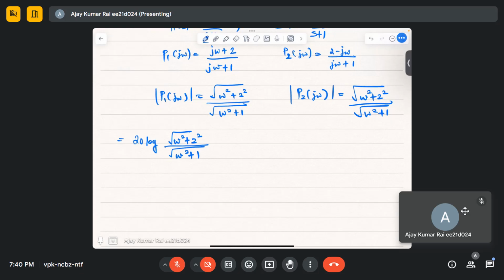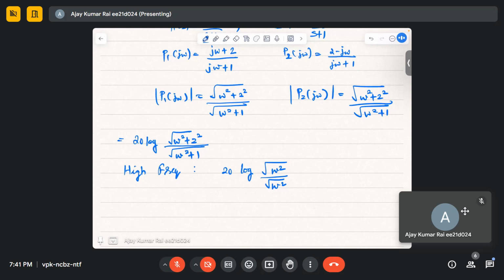For high frequency, omega is very large as compared to 1 and 2, so you neglect 2 and 1 as compared to omega. So now your magnitude will be 20 log of omega square over omega square, because omega square is much greater than 2 square, and in the denominator omega square is much greater than 1.